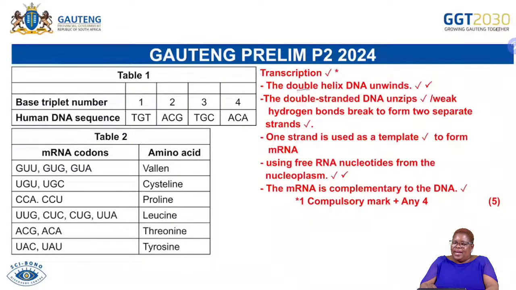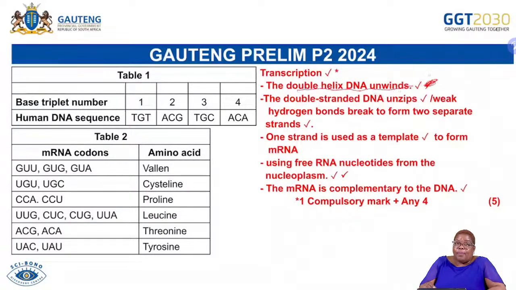The double helix DNA unwinds. I just gave out 1 mark for that. The double helix DNA unwinds. Be careful. If you just mention that DNA unwinds, you're going to lose that 1 mark. You need to describe the shape of the DNA. Talk about the shape of the DNA throughout.